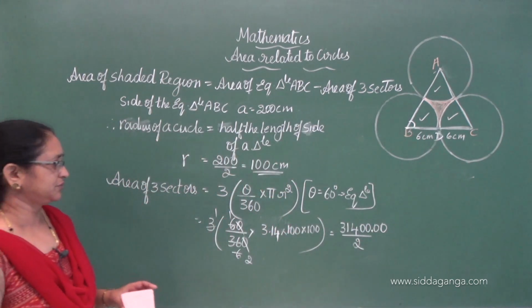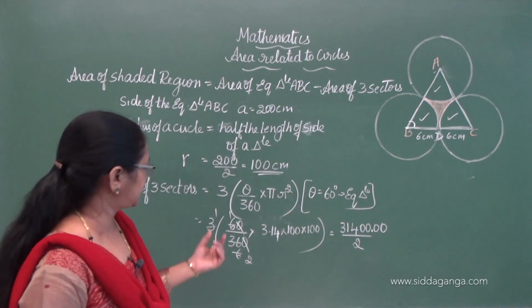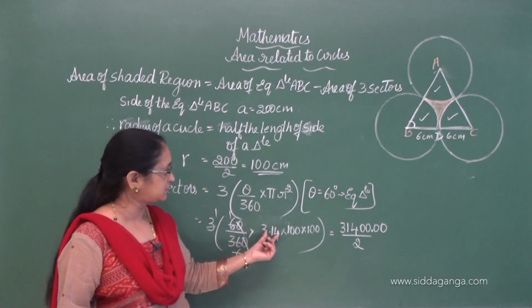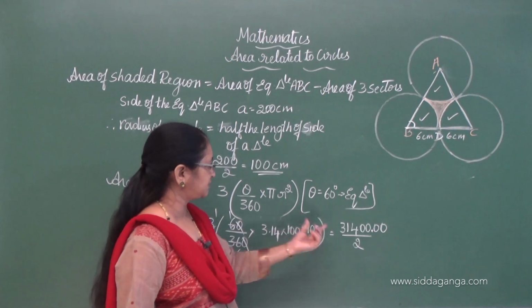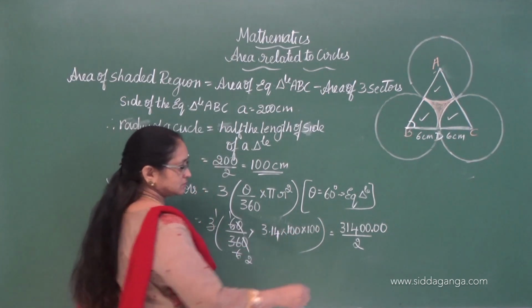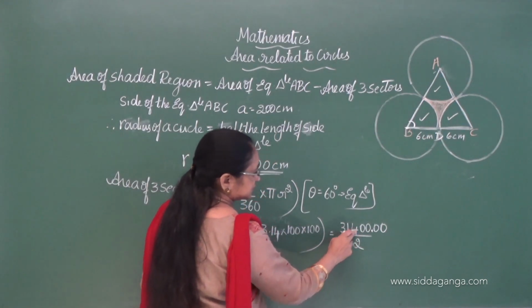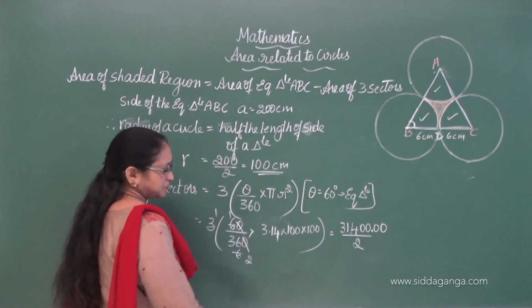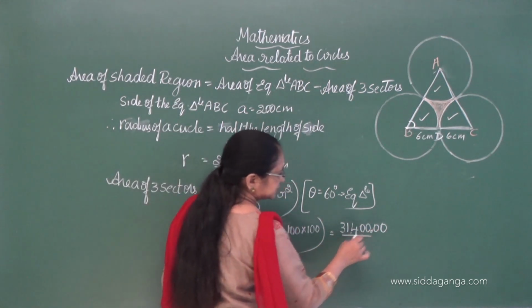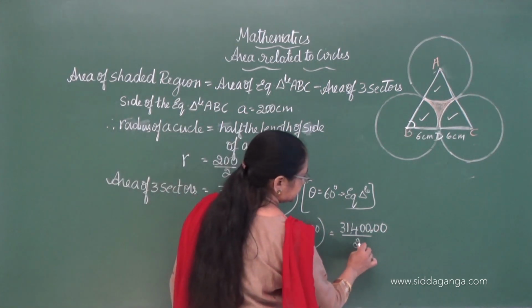This will be easy for you instead of calculating. I hope you understood: 3 into 60 by 360 into pi, whose value I have taken as 3.14, into 100 into 100. Now when you multiply this, you will get 31,400. I put the decimal point here. So now divide by 2.